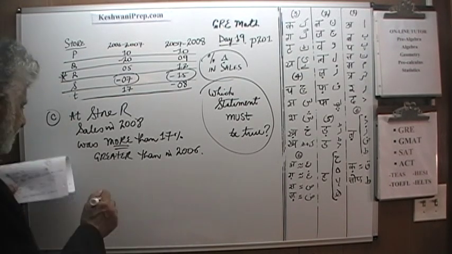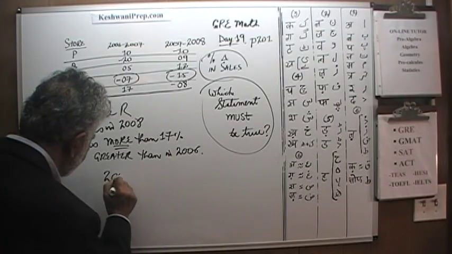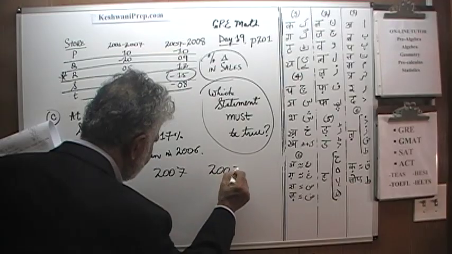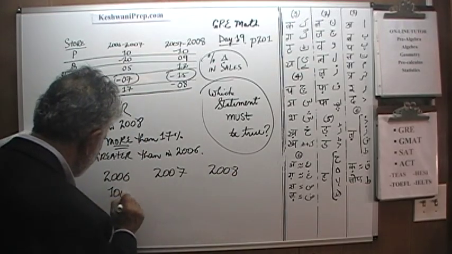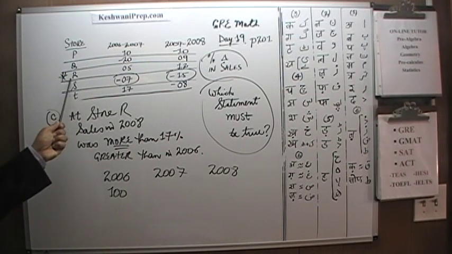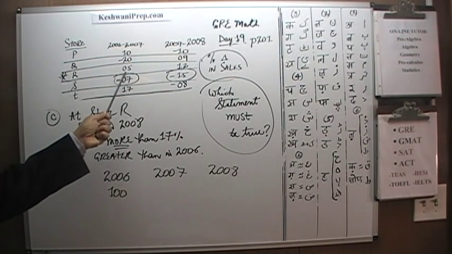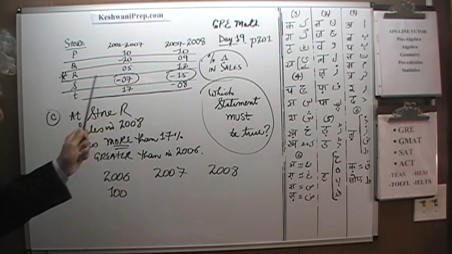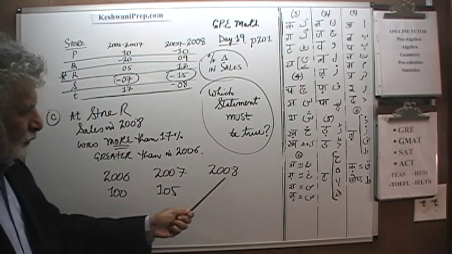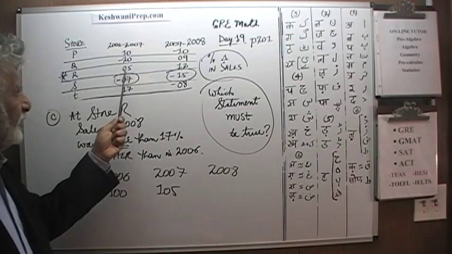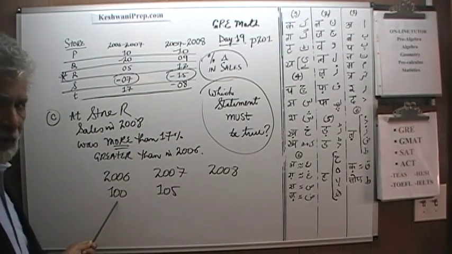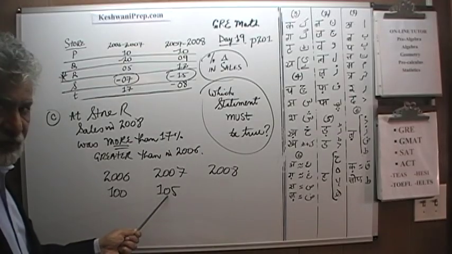Let's start with 2006, 2007, 2008. If we start with 100 in 2006, in 2007 we're dealing with store R, it becomes 105 because it goes up by 5%. Now what's going to happen in 2008 is that it goes up again by 12%, but 12% of what? Not 12% of 100. It goes up by 12% of this amount.